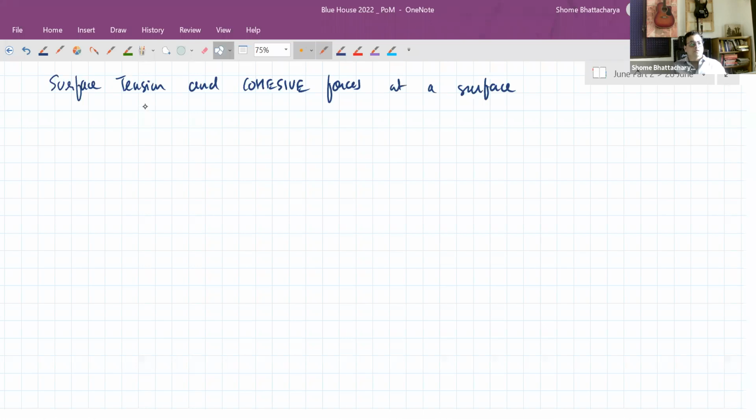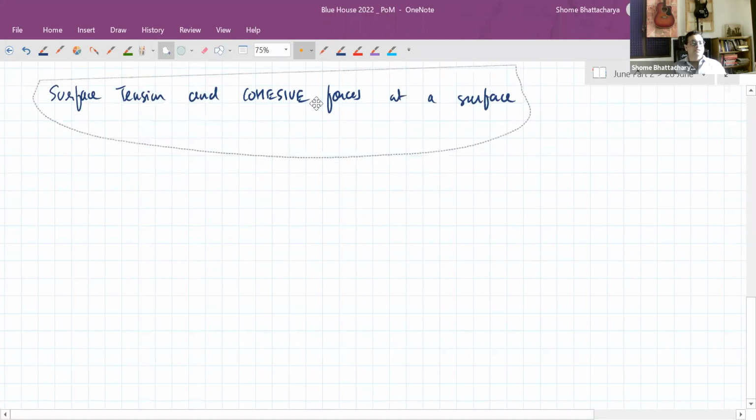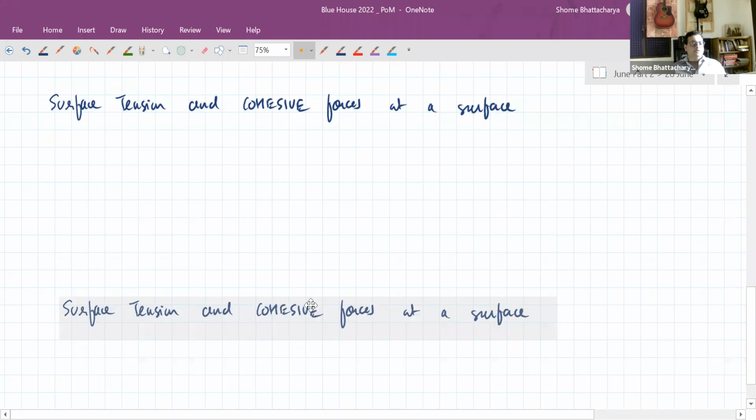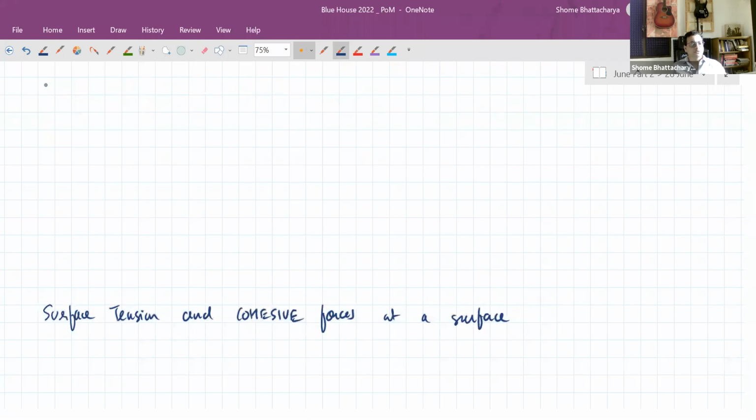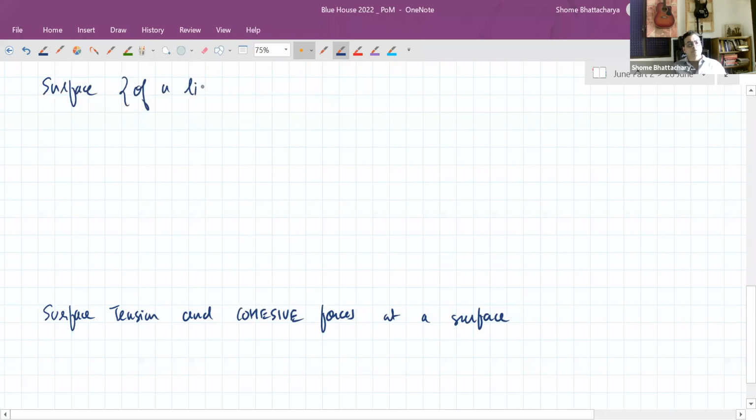So before we come to this, let's look at the proper definition of a surface. We just talked about the term surface very loosely right now. So the definition of a surface of a liquid has to be defined very precisely.